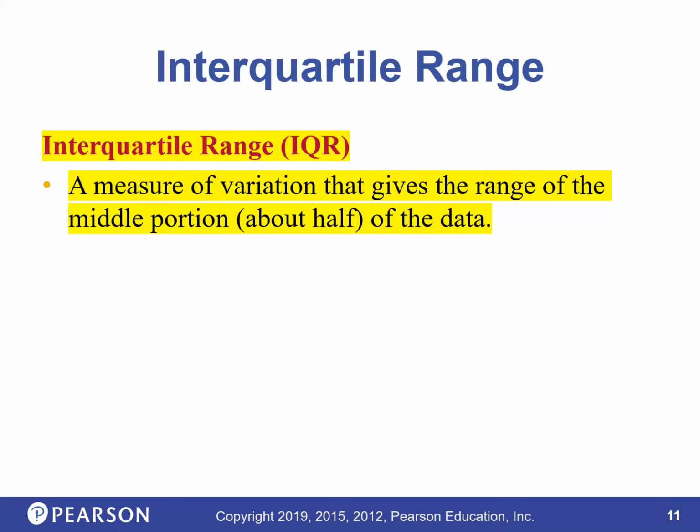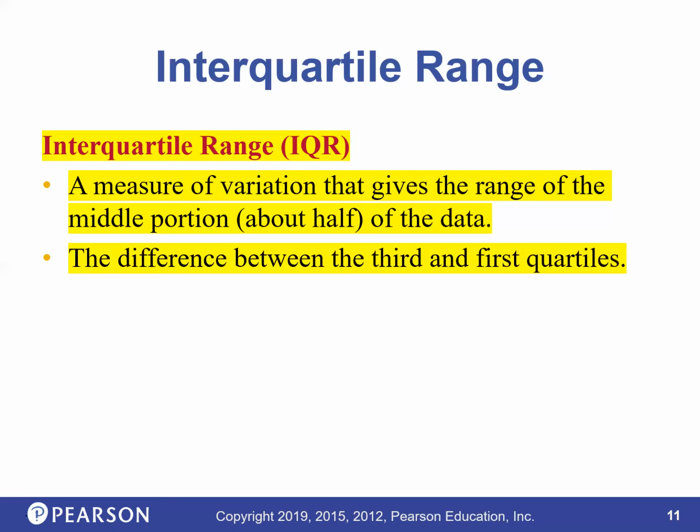So now we want to figure out what is the middle portion. What's about half of the data we have? Well, if Q1 represents 25% and Q3 represents 75%, if I take 75 minus 25, that makes 50. So the interquartile range is the 50% of the data. It's like the middle 50%, where all the data kind of bunches up.